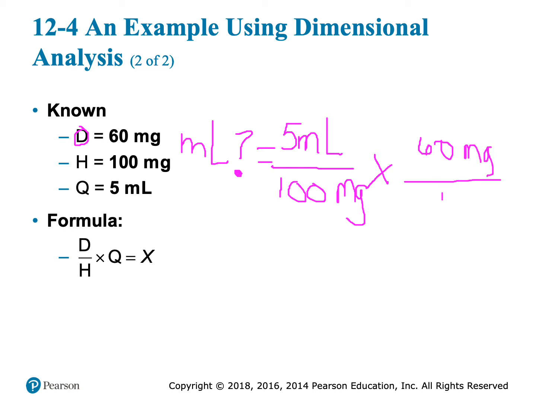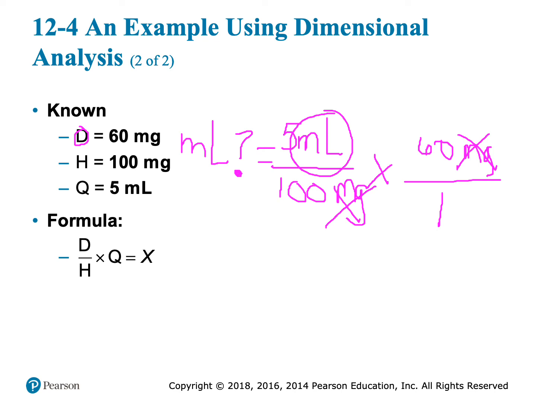And we can place that over 1. All right, so here we're going to cancel our like units. Remember, if a unit appears in the numerator and the denominator, we can cancel that out. So we're going to cancel out the milligrams, right? And that is going to leave us with the milliliters.